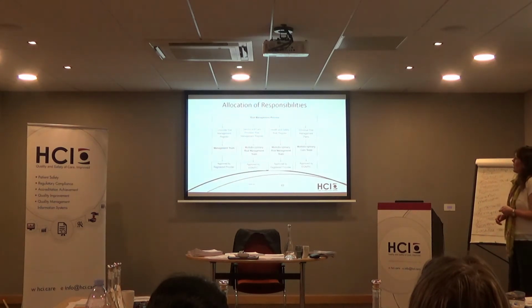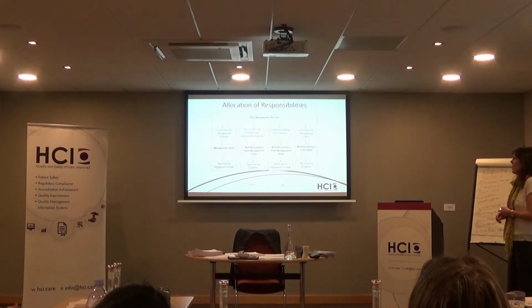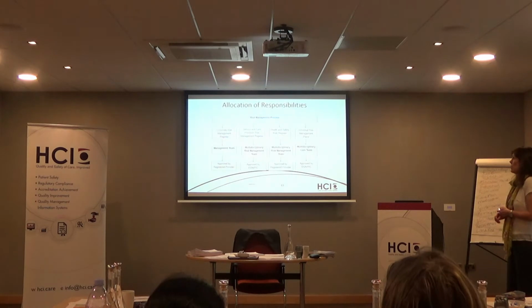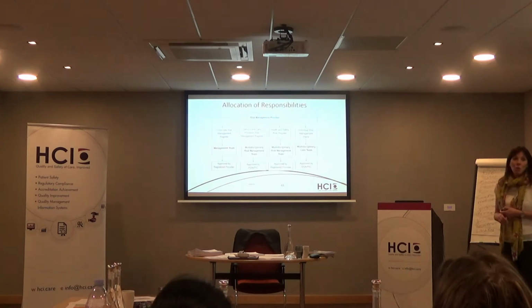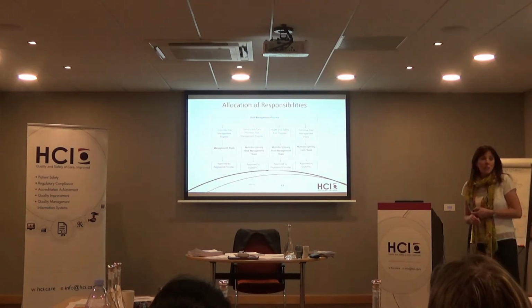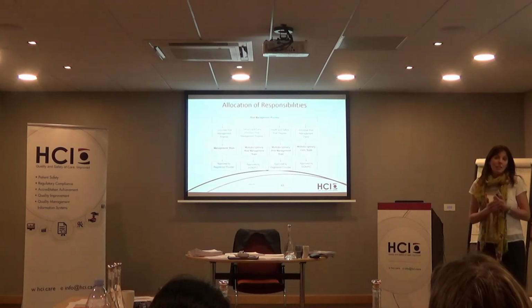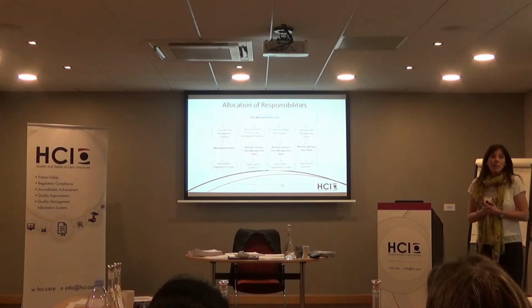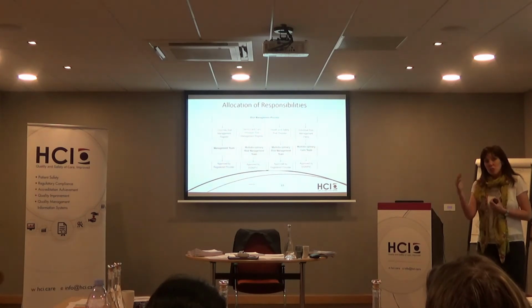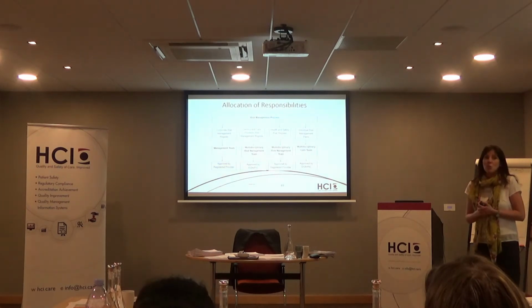So your service and care provision risk register should be overseen by a multidisciplinary risk management team. Okay? And depending on this team, they may decide they want to meet monthly or quarterly, depending on what's occurring in the facility at the time. If there's a lot of change going on, they may decide monthly, and if they feel that the risks are appropriately controlled, they may put a change control plan in place and meet on a quarterly basis.